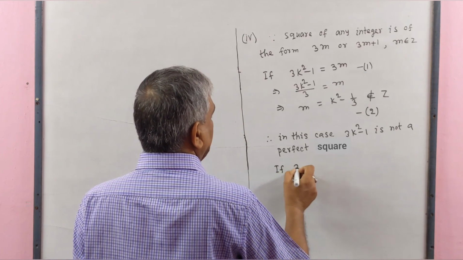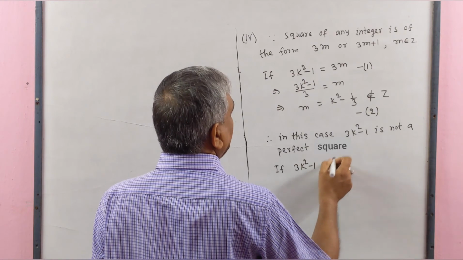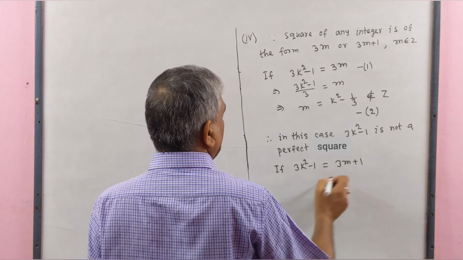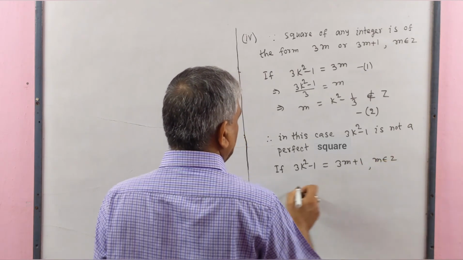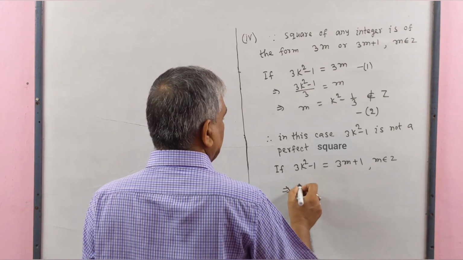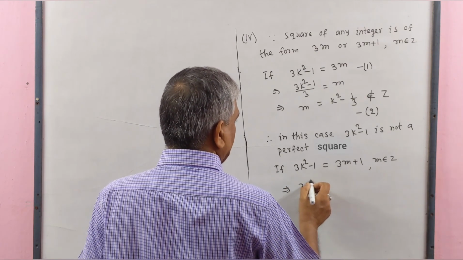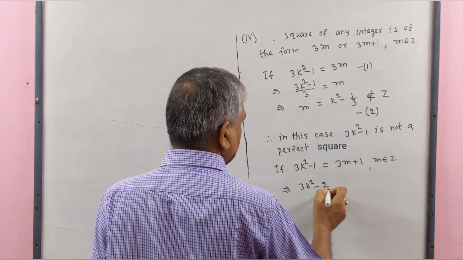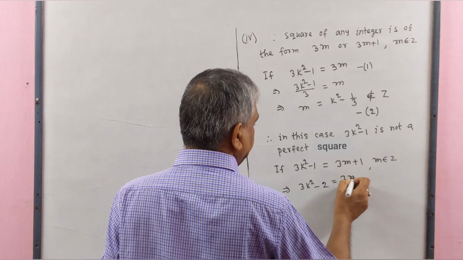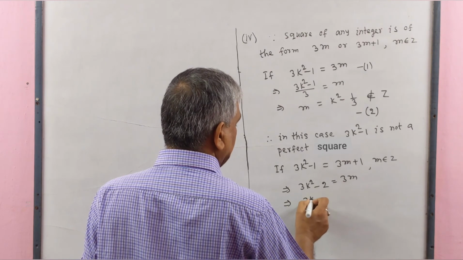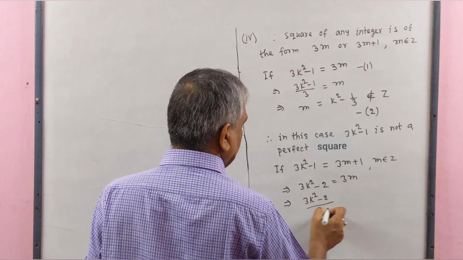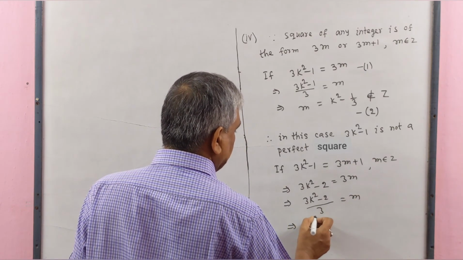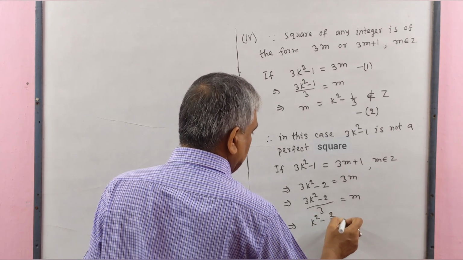If 3k square minus 1 equals 3m plus 1, m belongs to Z, it implies that 3k square, taking this one to the left side, minus 2 equals 3m. This implies that 3k square minus 2 divided by 3 equals m, which implies that k square minus 2 by 3 equals m.